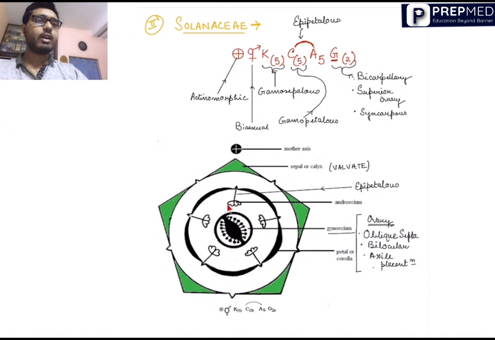So the 4 whorls are obviously Calyx, Corolla, androecium and gynoecium from outside to inside. And in the gynoecium, you can see that the septum is oblique. It is dividing it into 2 compartments, so it's bilocular and the placentation is axile.